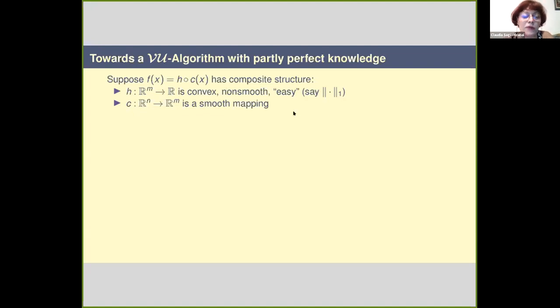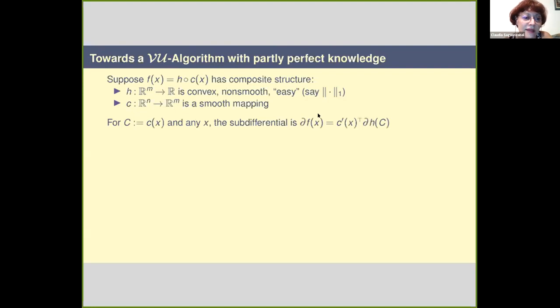All the non-smoothness in this problem is concentrated in this function h, which is a norm, a support function, with a lot of properties, but it's non-smooth. Could we design a VU algorithm with partly perfect knowledge?